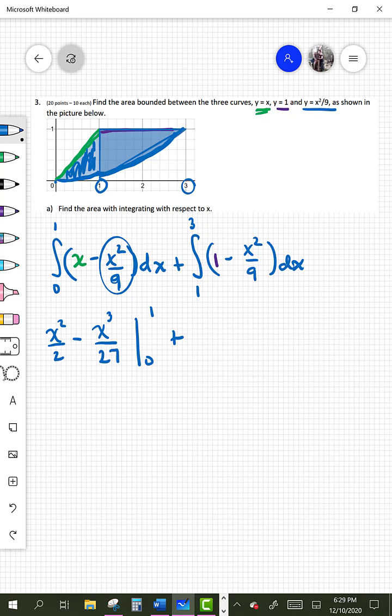Plus, now taking the antiderivative of 1 minus x squared over 9, the antiderivative of 1 gives us x, minus, and again, the antiderivative of x squared over 9 is x cubed over 27, and we're evaluating this piece from 1 to 3.